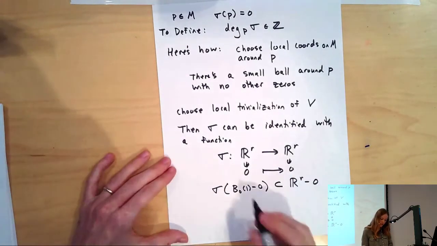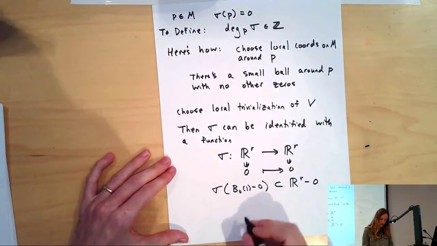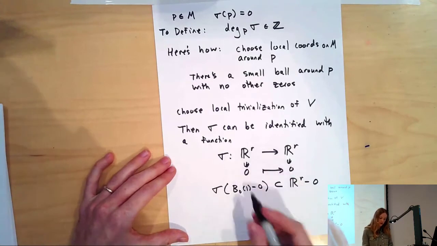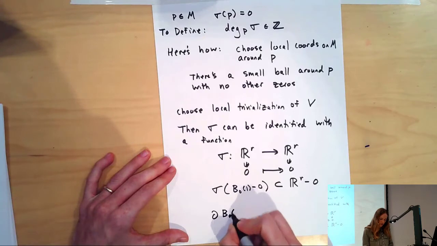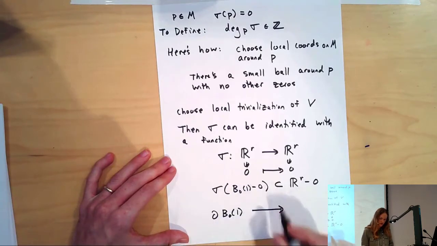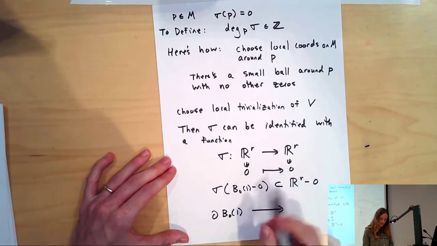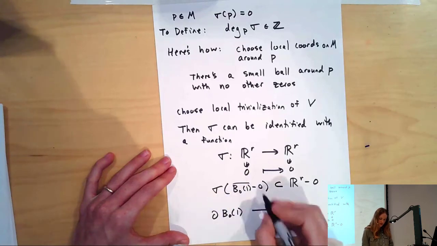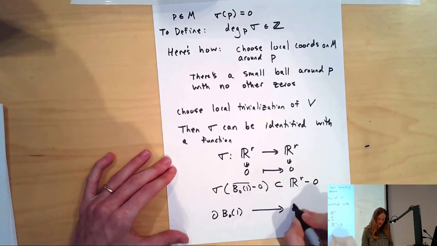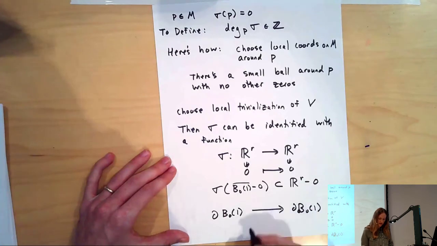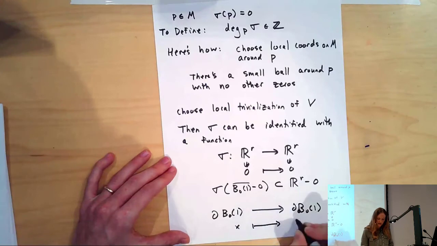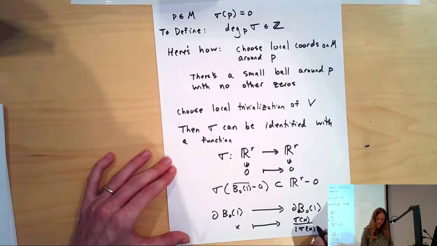So then we can form a function from S^(r-1). So we have the boundary of the ball of radius 1 going to, again, the boundary of the ball of radius 1, that takes a point x to sigma of x divided by the norm of sigma of x.